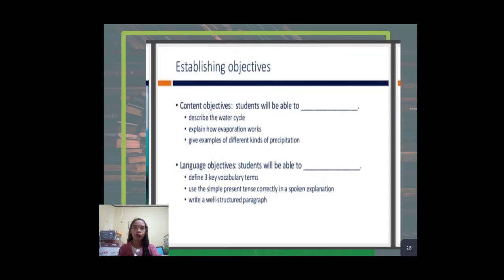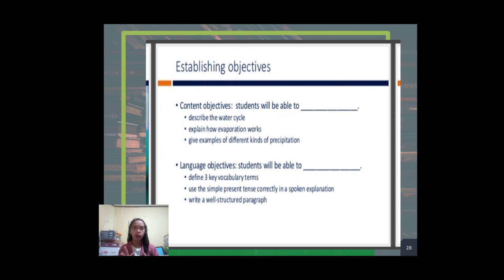Okay, so we have here content objectives, for example. Students will be able to describe the water cycle, explain how evaporation works, give examples of different kinds of precipitation. You are teaching this kind of content. And at the same time, the students will also be learning a language.